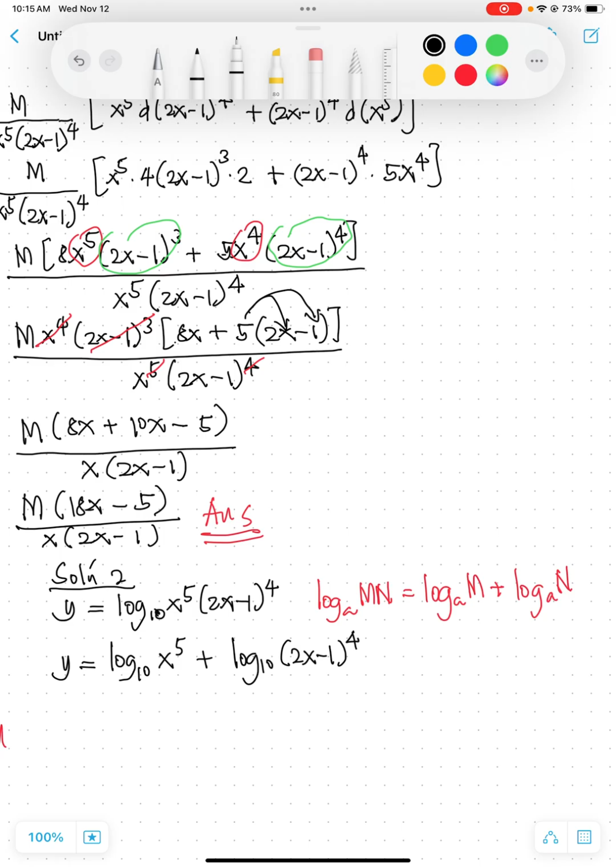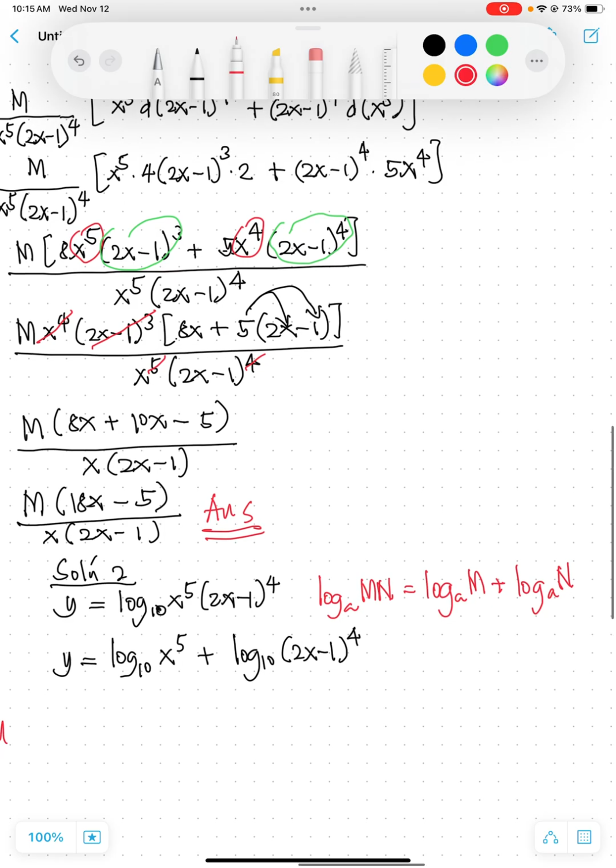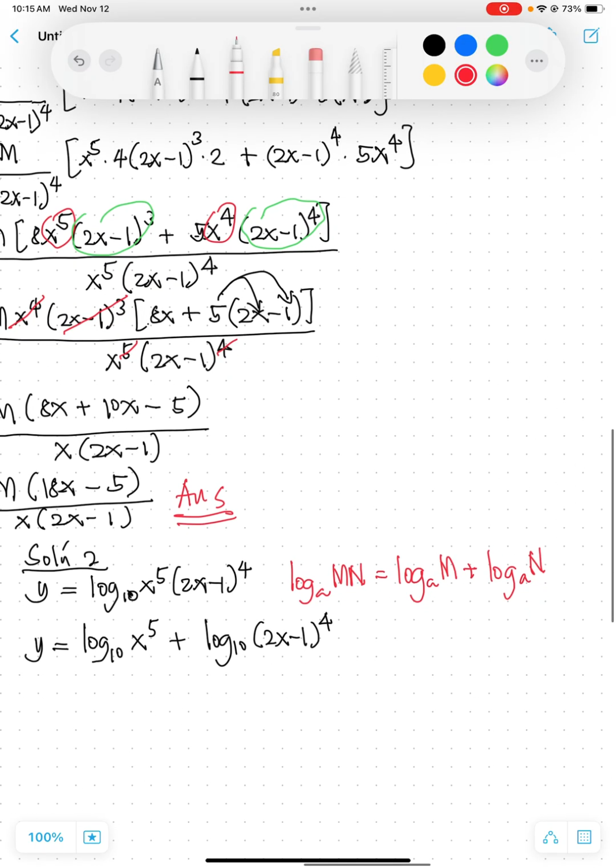So after that, let us apply the logarithm of a power. If we have log to the base a of m to the exponent of p, it is equal to p log to the base a of m.